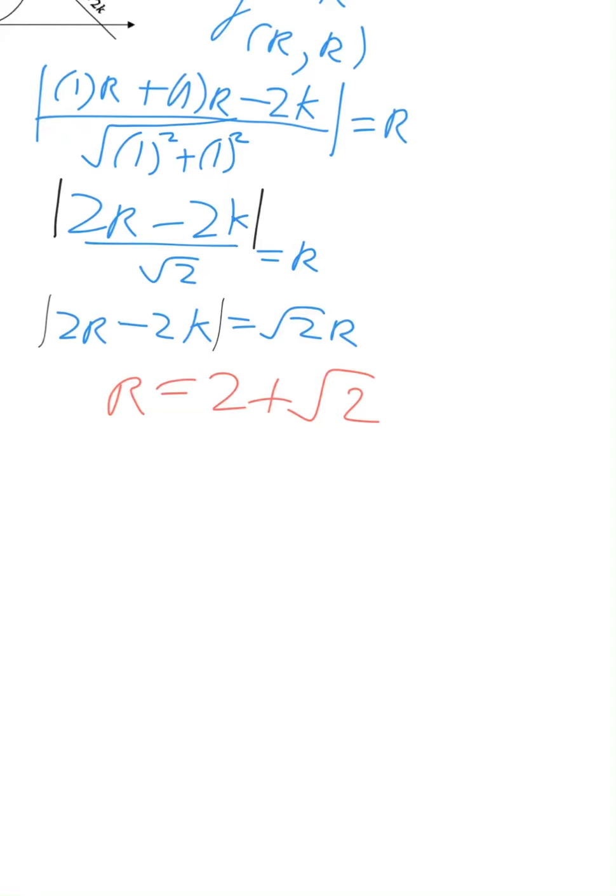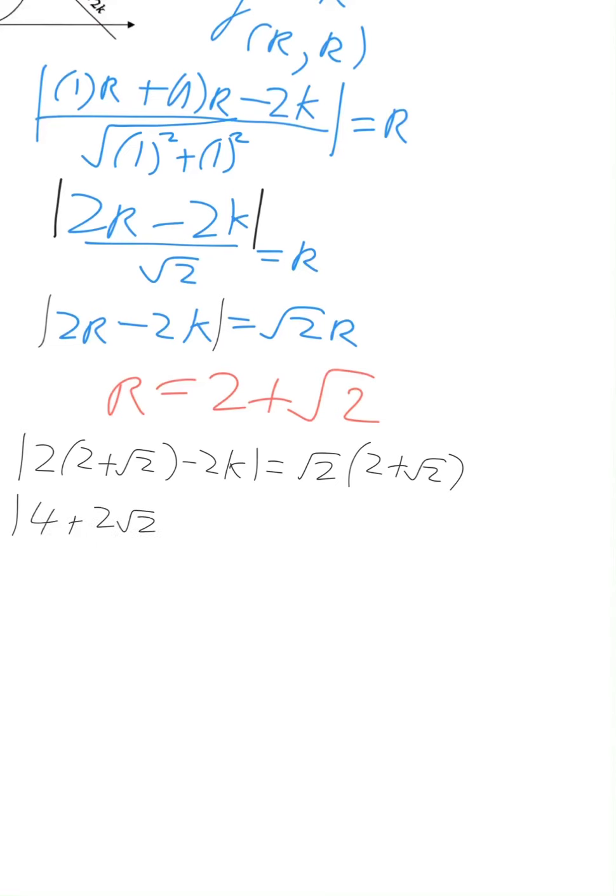So I'm going to have 2 times 2 plus root 2 minus 2k is equal to root 2 times 2 plus root 2. So expanding this out, I'm going to have 4 plus 2 root 2 minus 2k is equal to 2 root 2 plus 2.